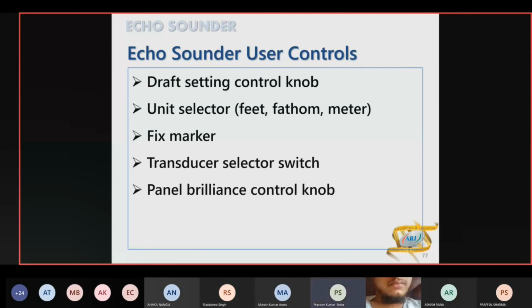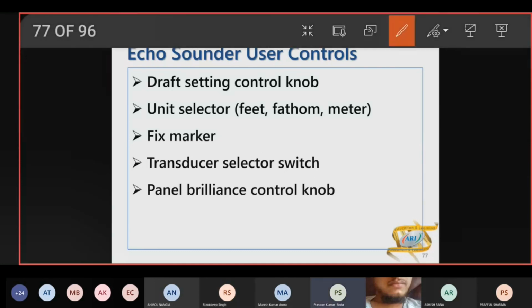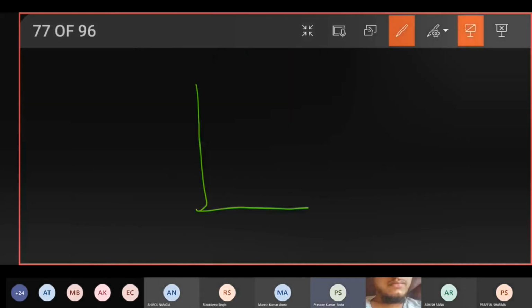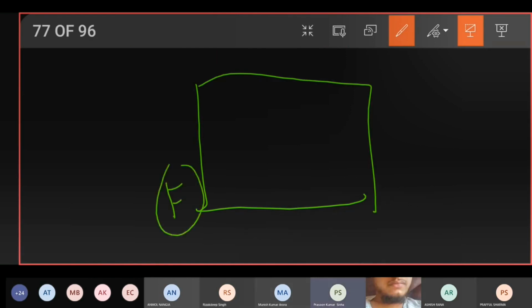You have unit selector. You have then fixed marker. Unit selector may be feet, fathom, meter, or may not be, but may be possible. There is fixed marker. When we are using this fixed marker, it is a spring-loaded push button. So when we push this fixed marker, a constant supply is given to the stylus.